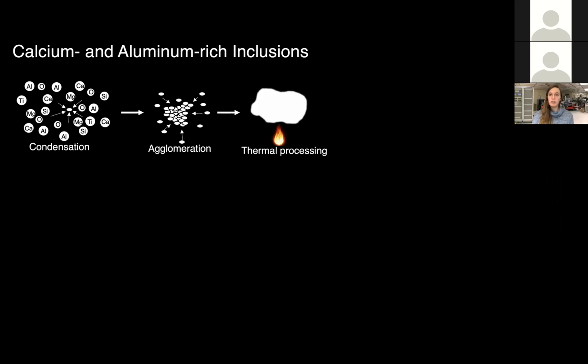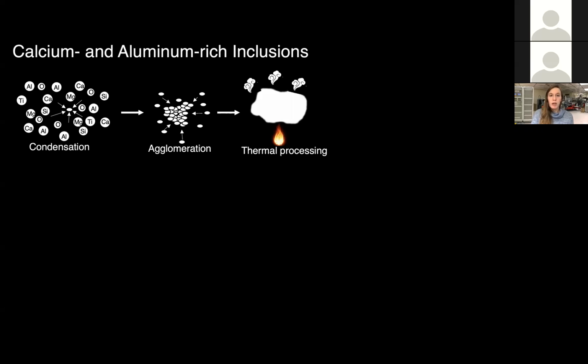These agglomerations can get bigger and bigger, and some of them can go through thermal processing. They will get melted, and then the little parts of the agglomeration would become a cohesive shape.